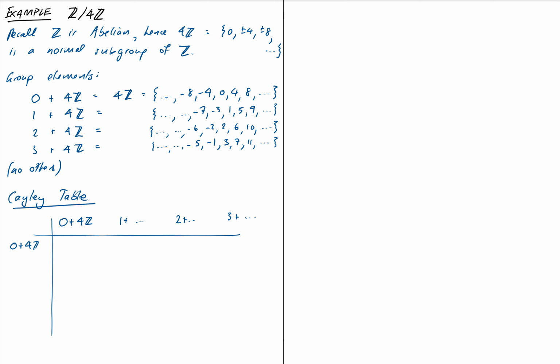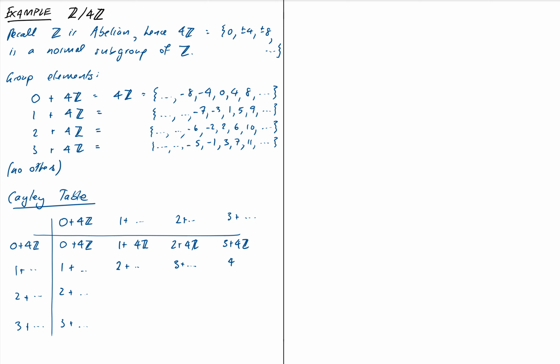You can see that because we're just adding together the representatives, we're going to get the same thing: 1 plus 4Z, 2 plus 4Z, 3 plus 4Z. I'm just going to skip writing the 4Z's to save space. We're basically just doing the table of Z4 here. You can see we're just adding modulo 4.